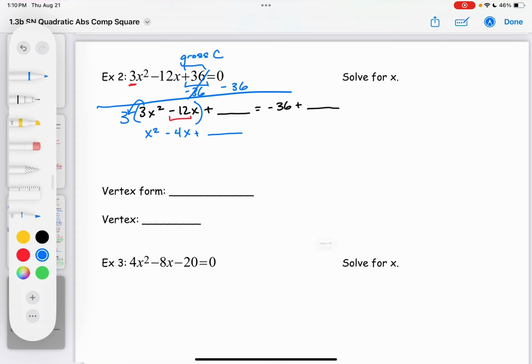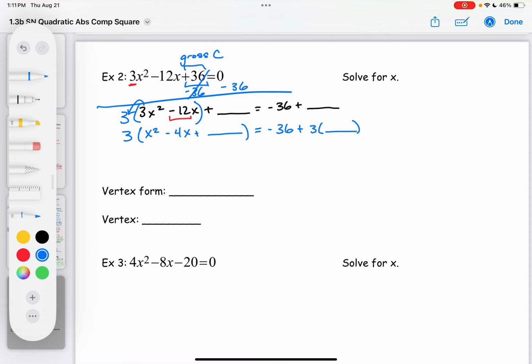Still got my blank over here. I've got my 3 out front. And so you might be wondering, how do I show that I did that on both sides? In front of your blank right here, you're just going to put that 3.